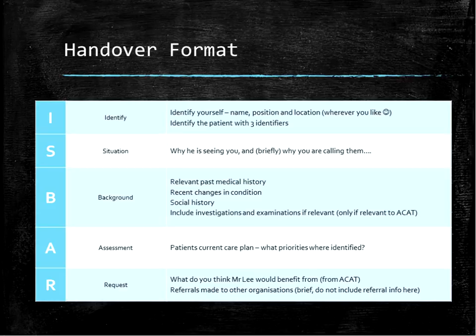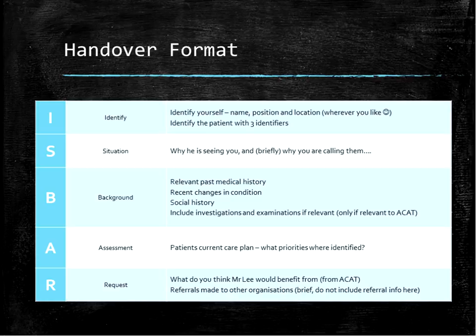Okay, so think about it. They may not need to know about his PSA, prostate specific antigen. It's a blood test for prostate cancer. Just keep that in mind. They may not need to know about that, so you don't need to include every single piece of information, only the ones that will be relevant to an ACAT team.